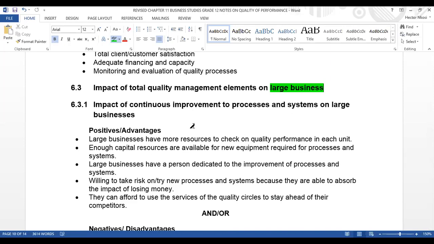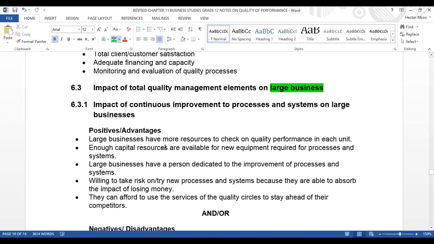For example, if you were to go to Makro, Makro is one of the biggest stores where the majority of the retailers go to stock up, right? So they've got large resources. They've got all your conveyor belts because they sell in bulk. Whereas when you go to a small retail store, where they sell single items, you might find the resources are going to be smaller.